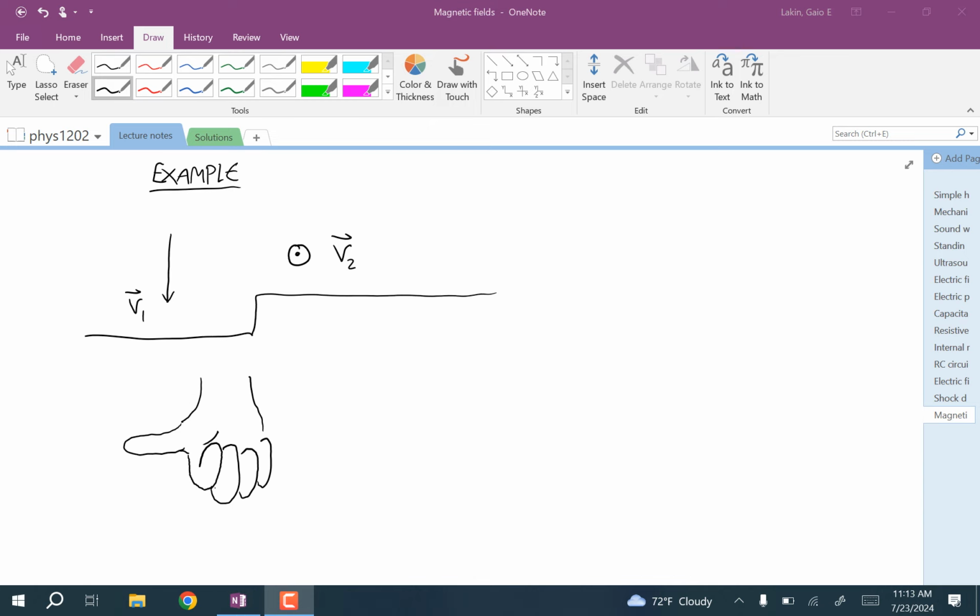Well, if you put your hand in this position, when your fingers are straight out, they're in the V1 position. When they're pointing straight out from the palm towards us, they're in the V2 position. And that means that your thumb is in the V3 position, and so that's the output.